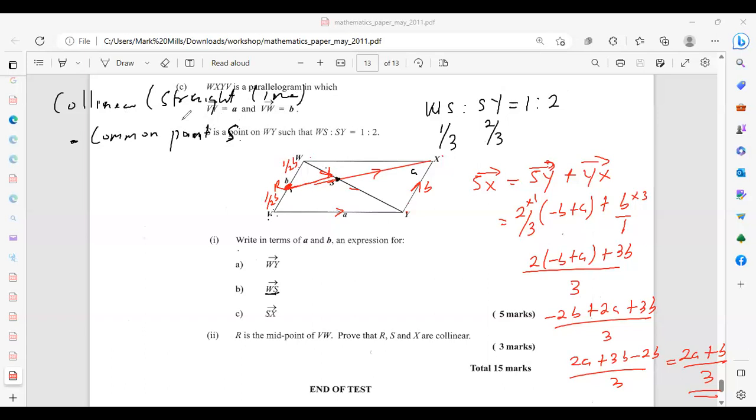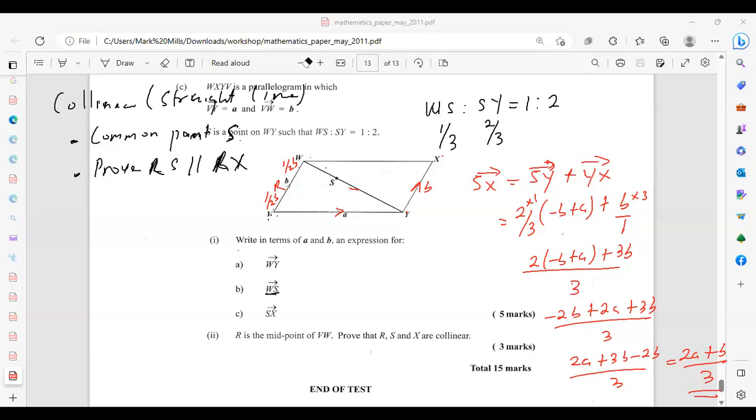Yes, sir. After we know that the common point is S, we have to prove that they are parallel. I need to prove that RS, R to S, is parallel to R to X. Let me clean it and you see it again.